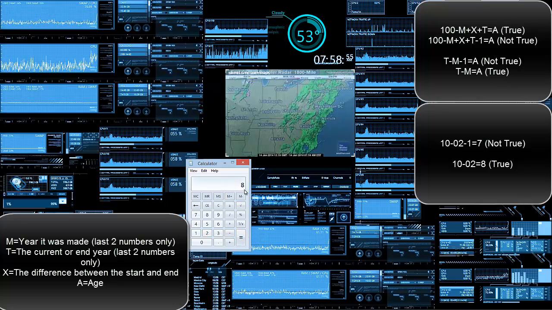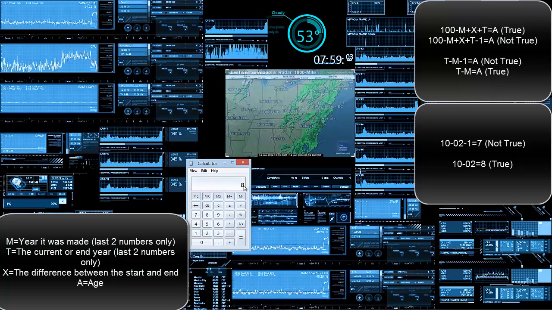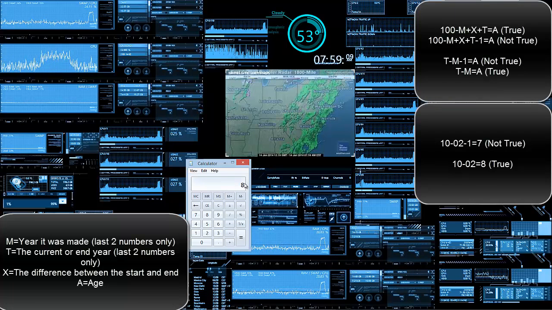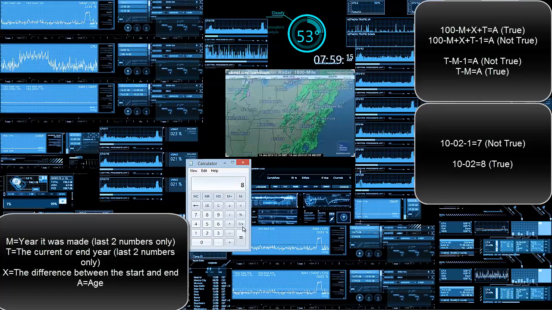Again, if someone was born January 1st, 2002, and you're trying to figure out how old they were in 2010, that's how old they were. Obviously, if they're born on the 15th or after, then it's -1, which would be 7. Easy enough.